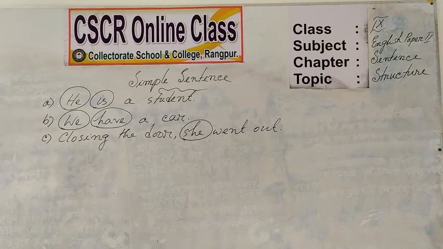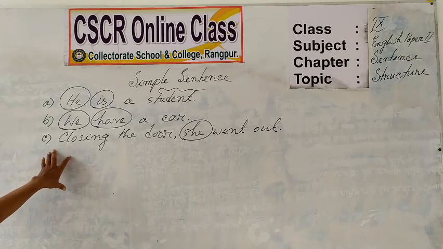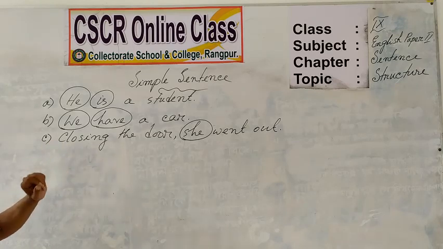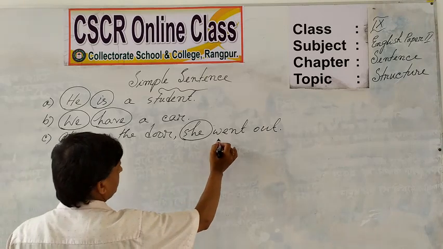Dear students, what's the difference between the two verbs, closing and went? The first one, closing, is a non-finite verb, as it does not follow the subject, number or tense, but the verb went is used according to the demand of subject, number and tense, so it is called a finite verb.